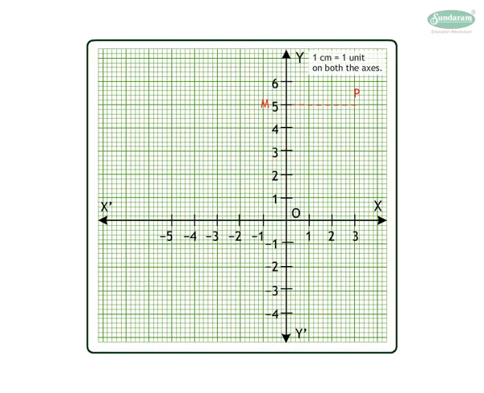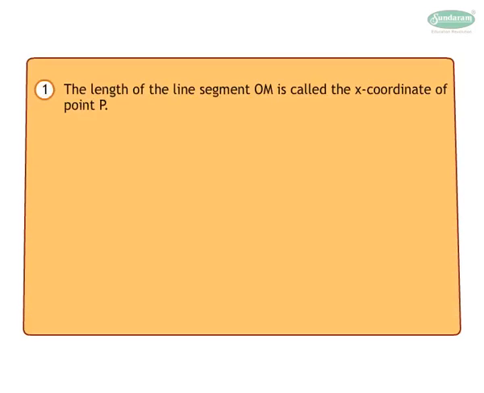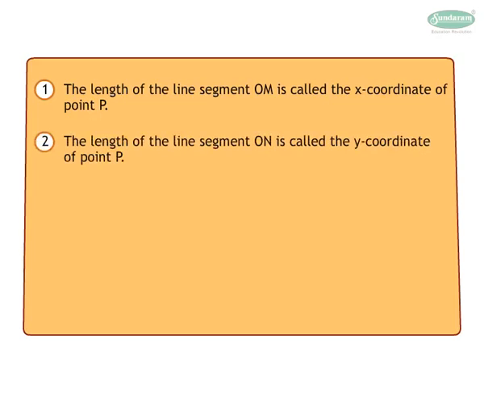Draw PM parallel to X'OX and PN parallel to Y'OY. 1. The length of the line segment OM is called the x-coordinate of point P. 2. The length of the line segment ON is called the y-coordinate of point P.